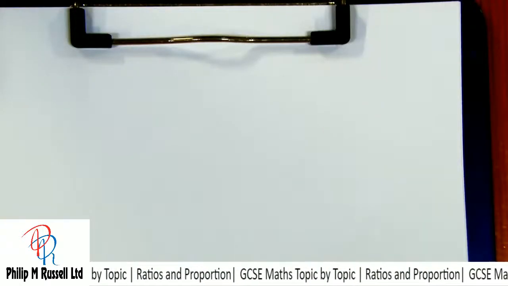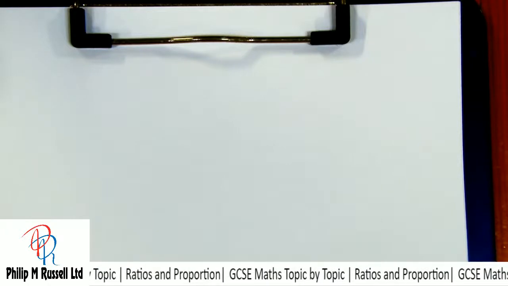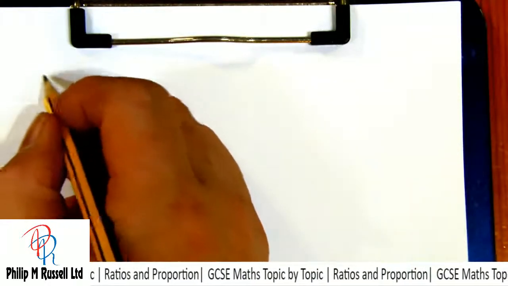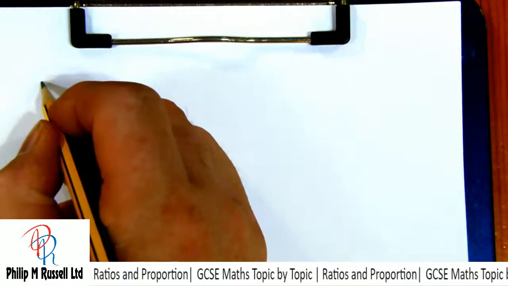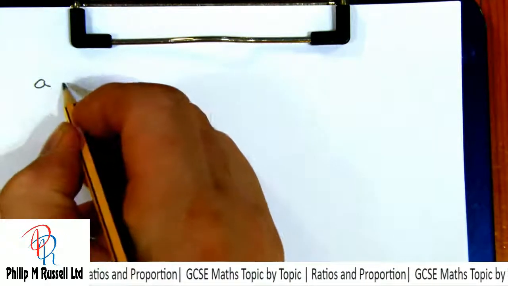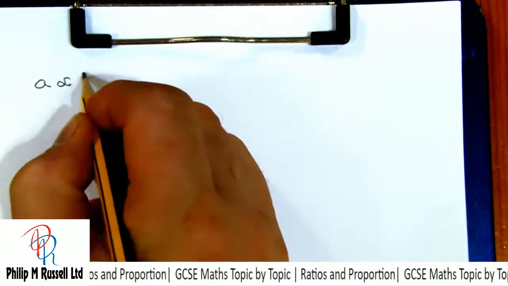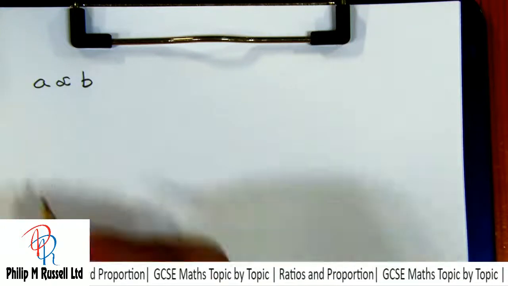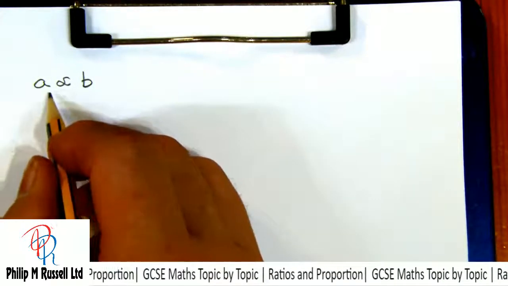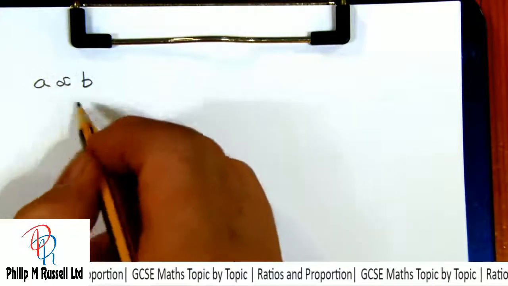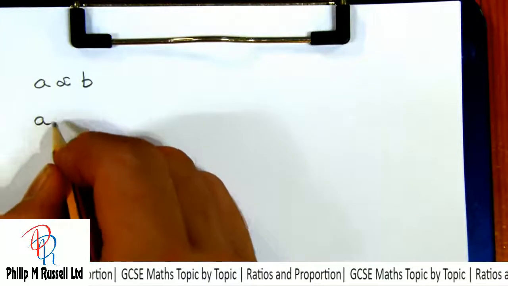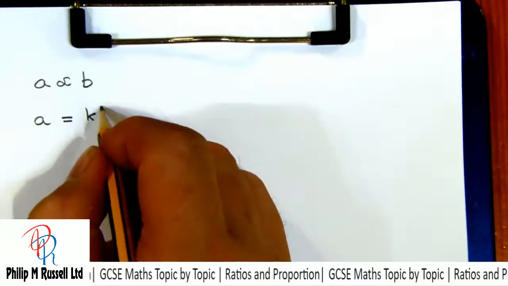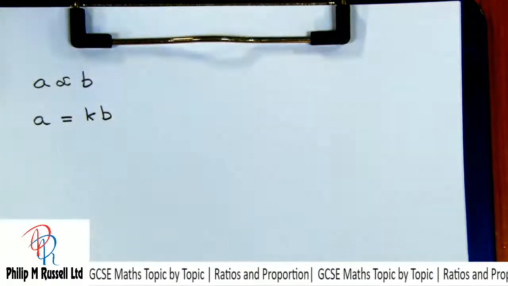We might have an equation that says A is proportional to B, and I can rewrite that as A equals some constant, which I'm going to call K, times B.